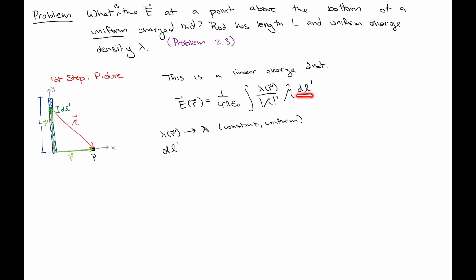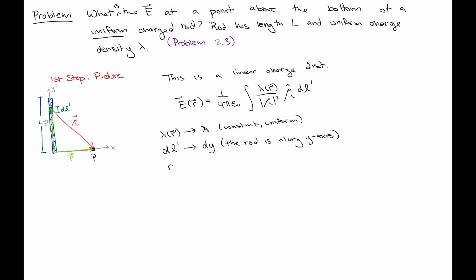According to how I drew this picture, dl is really just a little chunk of position in the y direction, because the rod is along the y-axis. And I made my life simple by doing that. If I had put the rod this way, then this would be a dx. If I had drawn the rod off at some angle, I would have made this integral a lot harder than it needed to be.